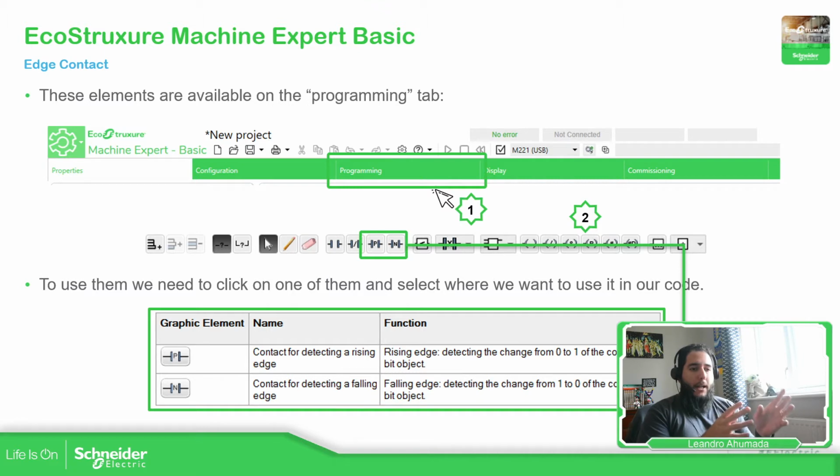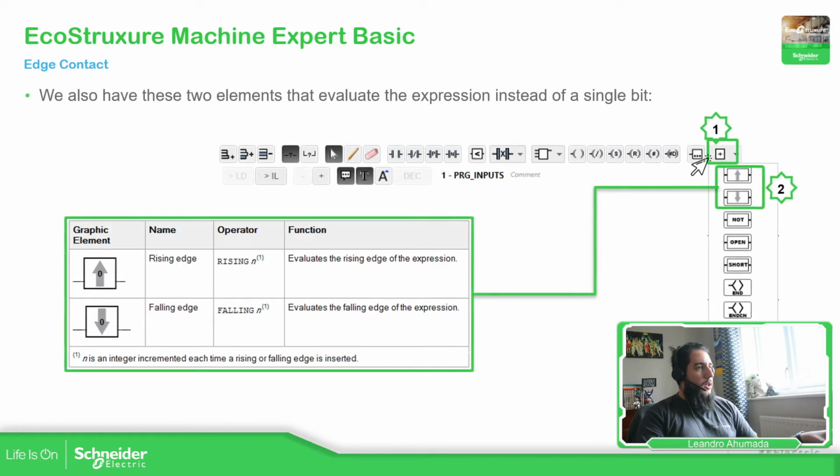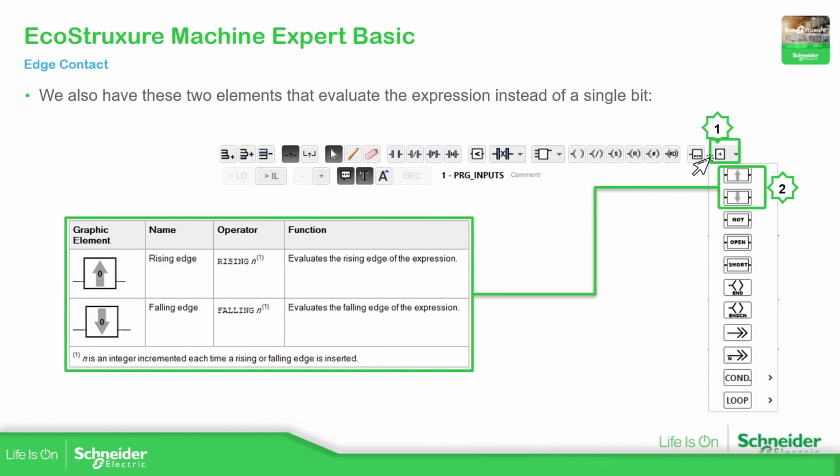But if we have an expression, for example a combination of contacts or comparators, which we're going to see later, we need to use another block here and not a contact. We need to use a block, and this is the block. If we go here into the plus, we have these two blocks: the rising edge block and the falling edge block.